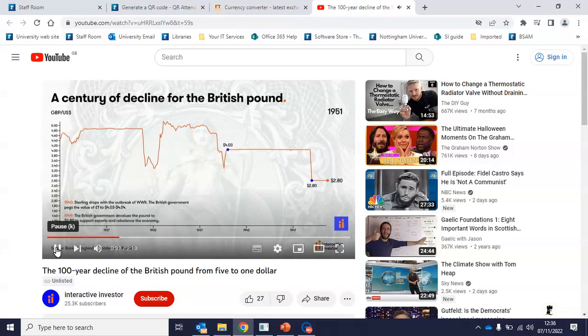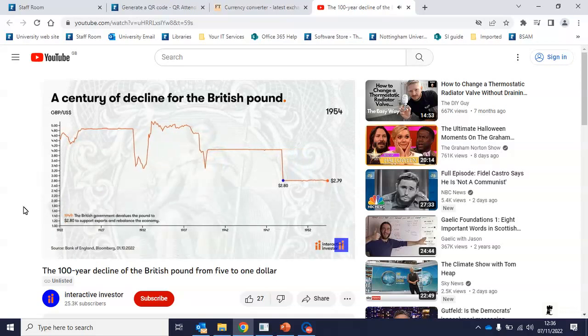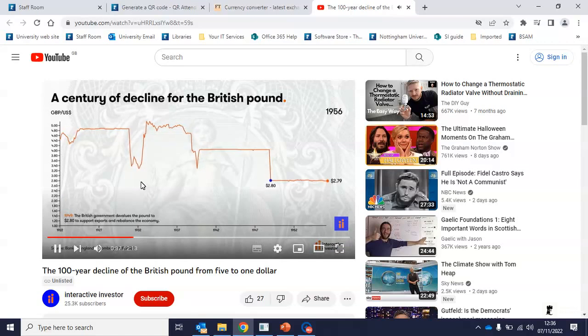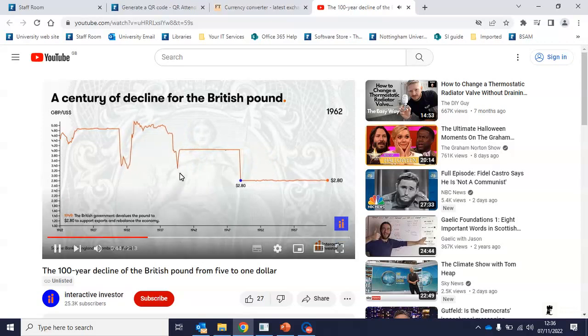You can see over this period it remained relatively flat, in the 1940s, most of the 40s up till 50. You need to know what happened during this time. It remains relatively stable, and then it dropped all of a sudden. Again a period of relative stability.